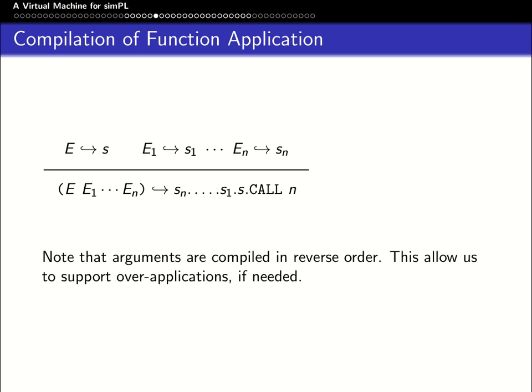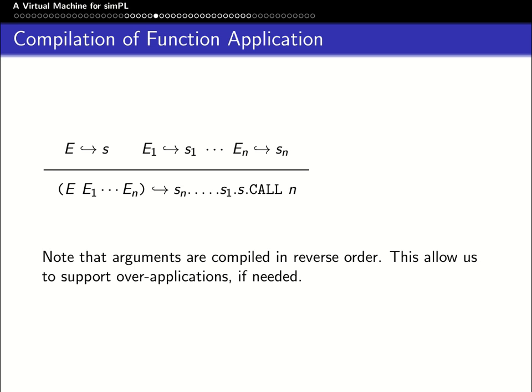So the important thing to remember here is that we're compiling the arguments in reverse order. All right? And why is that important? It's important because as we go through the program, we're going to evaluate S1, so when I say evaluate S1, actually we're executing S1, right? Sn, right? We start with Sn.